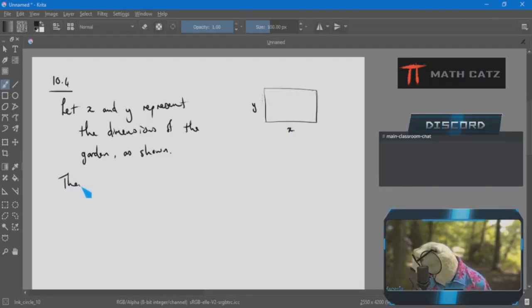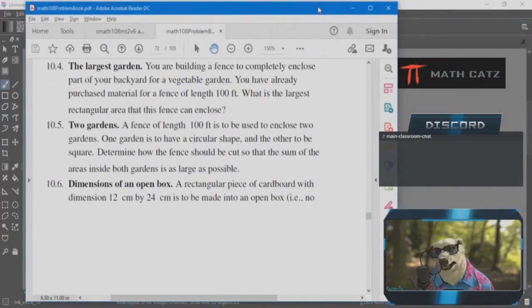So then what I know, write words, make it easy to read, that 2 sides for every variable, so 2x plus 2y is going to equal 100, because all the way around the garden is 100 feet of fencing. That is what the question tells me.